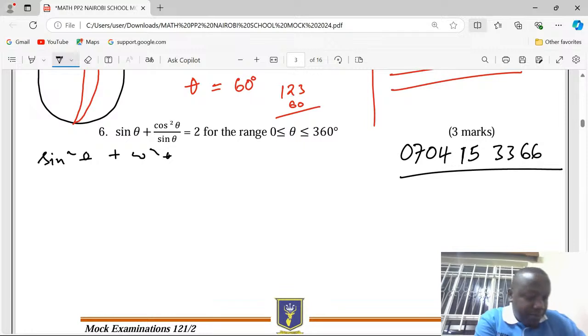Then now we'll be simplifying further that equation.